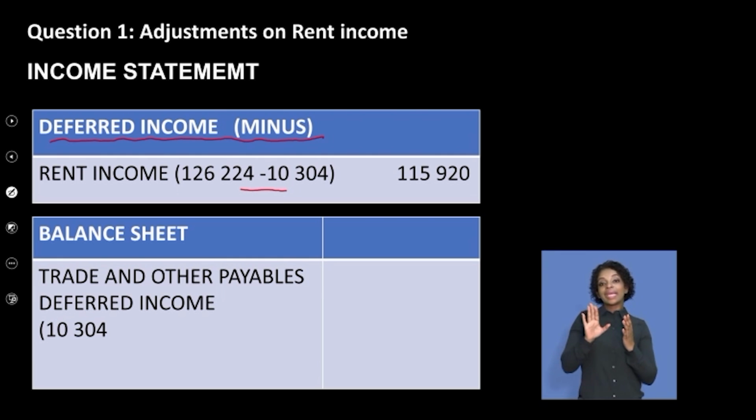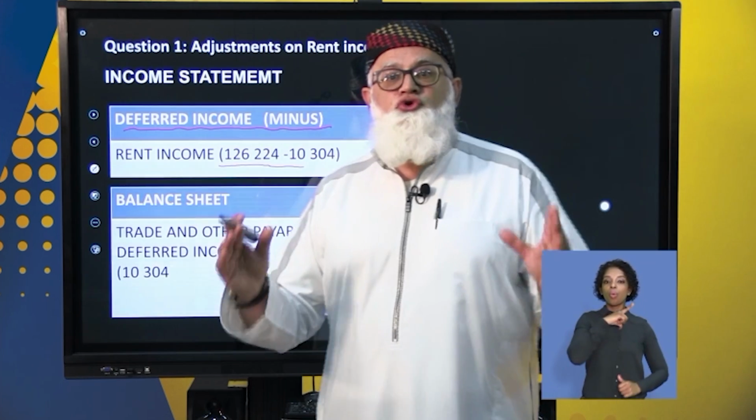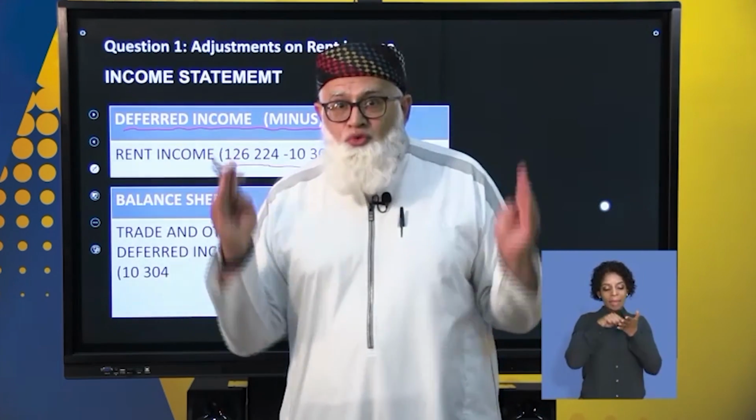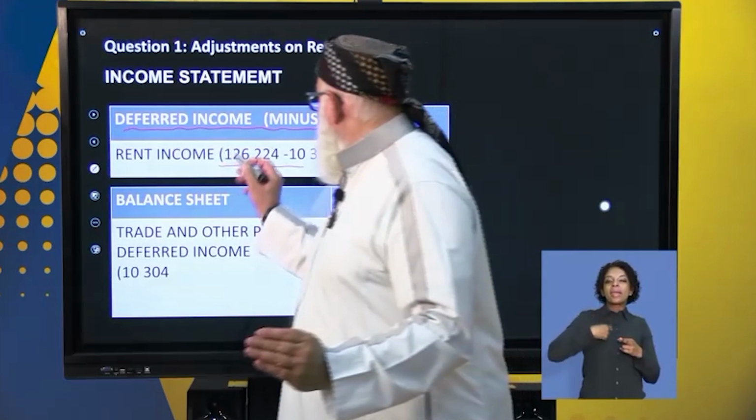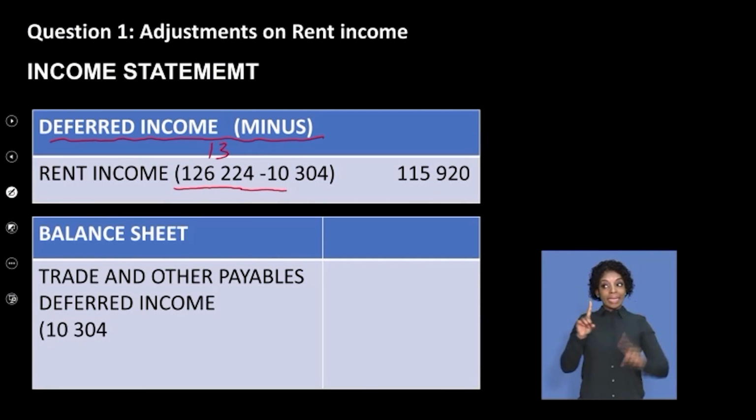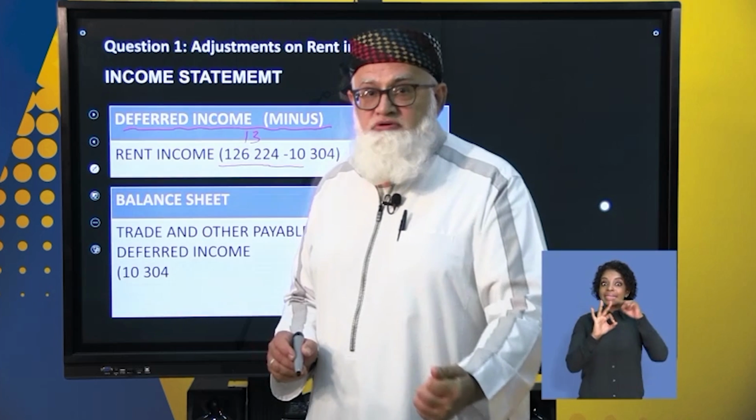Okay, so you start off with a figure as per given in your income statement, which is 126,224 minus the deferred income. Because remember, you need to account for rental for 12 months. This figure here has 13 months of rental in it. Therefore, we remove the 1 month. What's my contra entry?